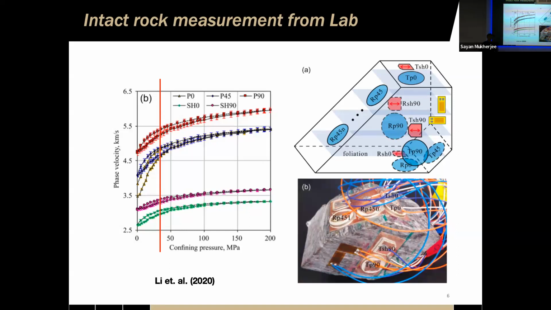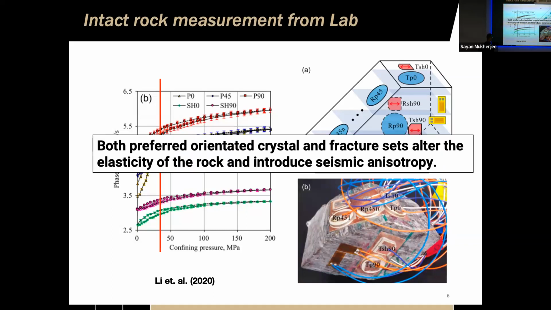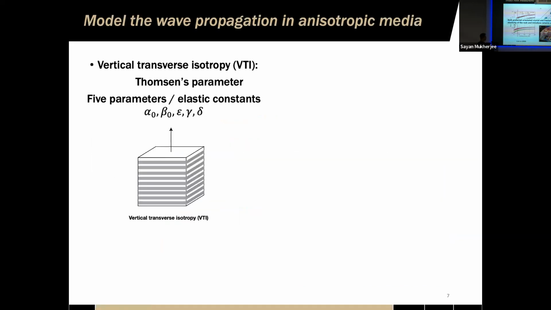So in that case, it's another evidence that there's preferred oriented crystal as well that contributed to the overall anisotropy. So at this point, we can say there are two contributors to the anisotropy we can observe. One is from the crystal, one is from the preferred oriented fractures.